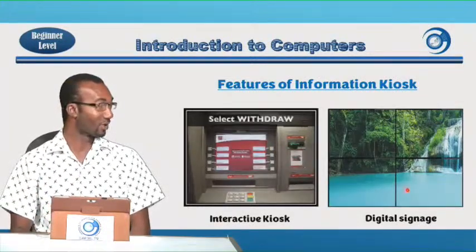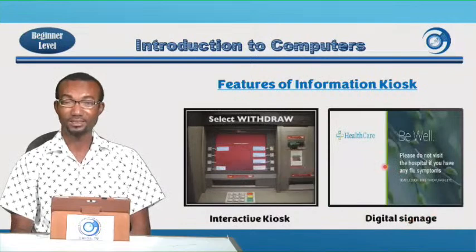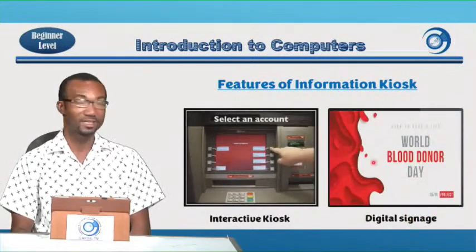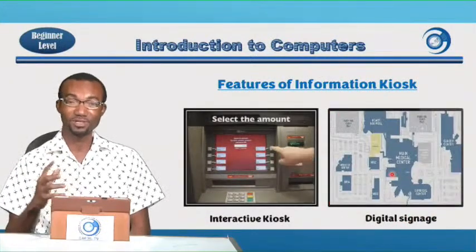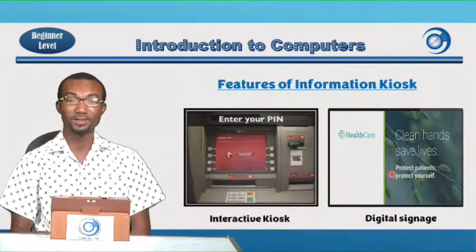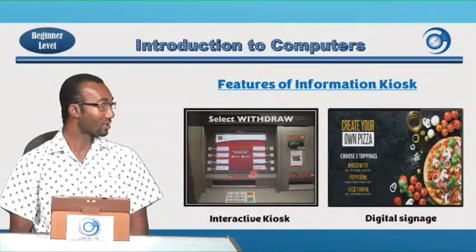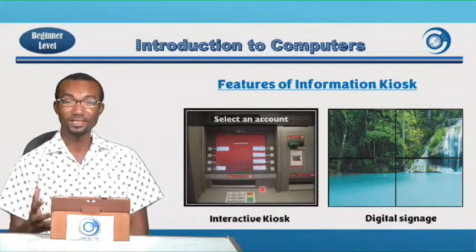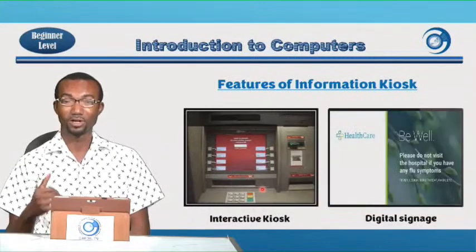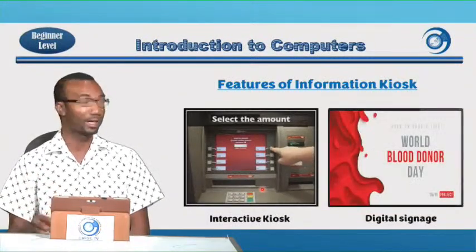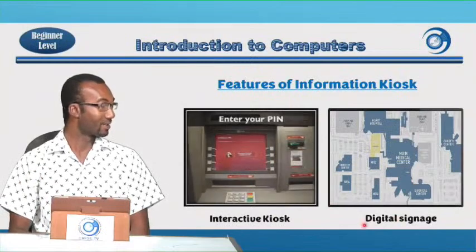These days you see some of these things around us, especially at busy places. So an information kiosk can be interactive like the ATM, or non-interactive like the digital signage.